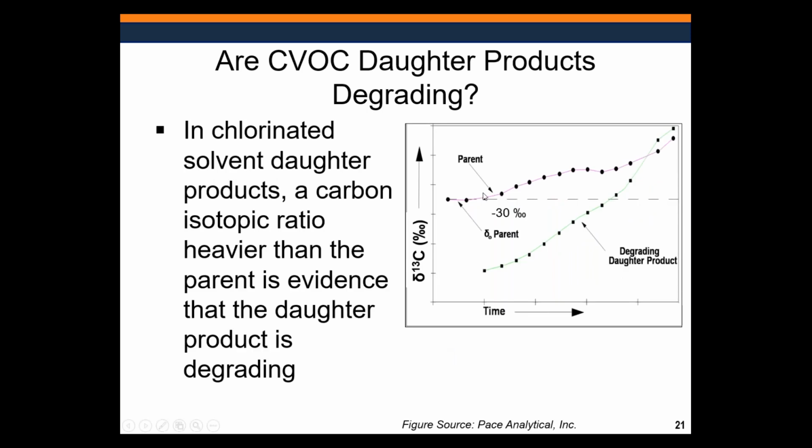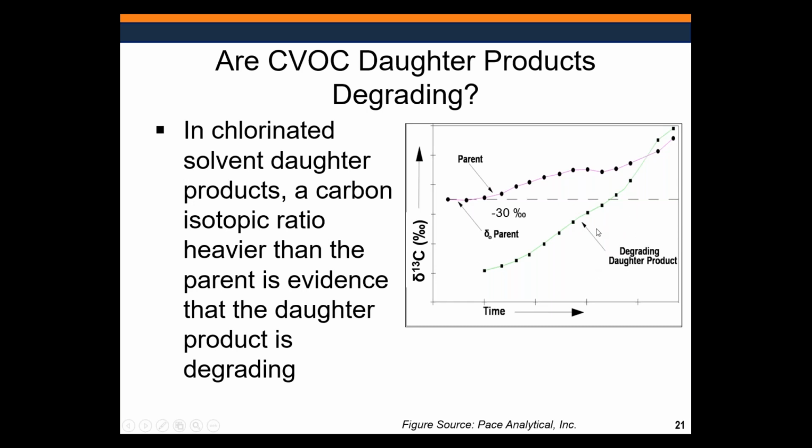Now, the other scenario, if they're both biodegrading, so the parent, the TCE is biodegrading and the cis is biodegrading, you can get values of cis that are much, much heavier, so much more isotopically enriched than this -30 per mil. And this in itself is a clear sign that biodegradation is occurring. Now, of course, you can add some complexity here because you may have both vinyl chloride, which would be down here, or ethene.